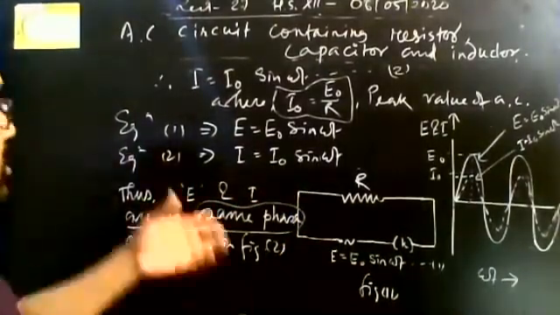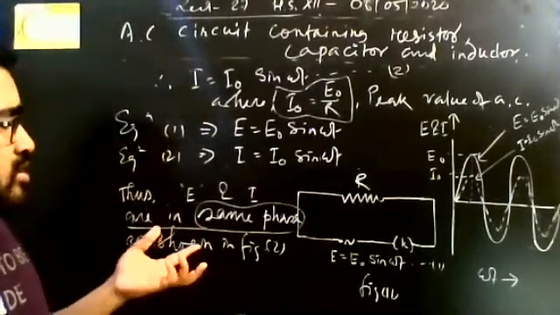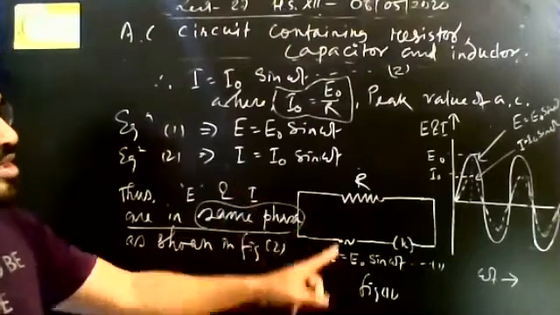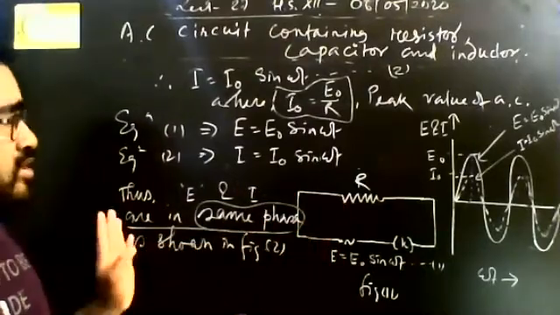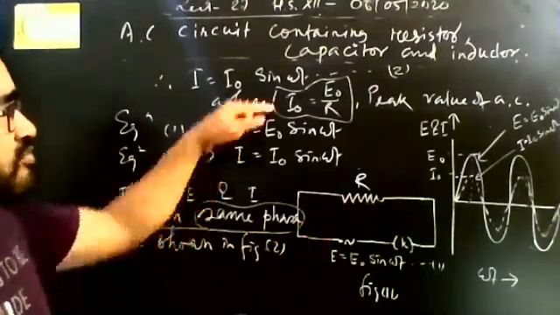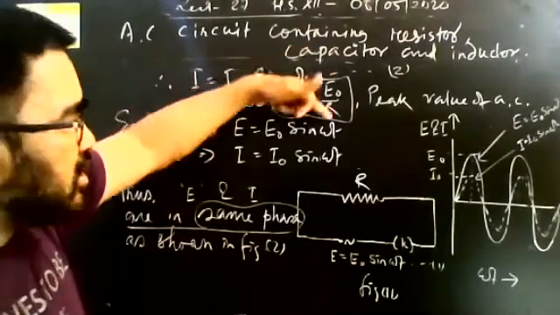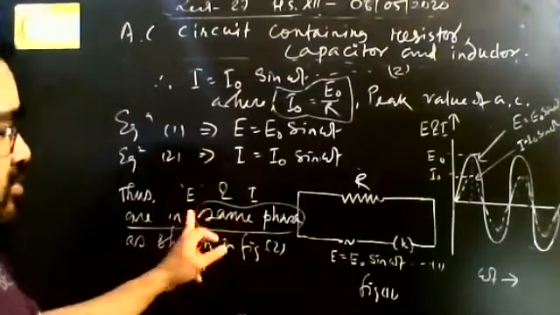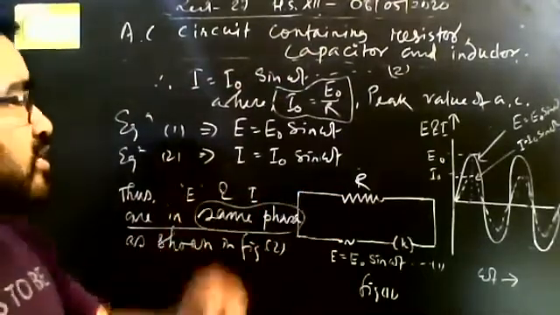So in this way, we can discuss when an AC circuit contains only a resistor, then it behaves like this, and the peak value of EMF is greater than the peak value of current, and both E and I, EMF and current, are in the same phase.